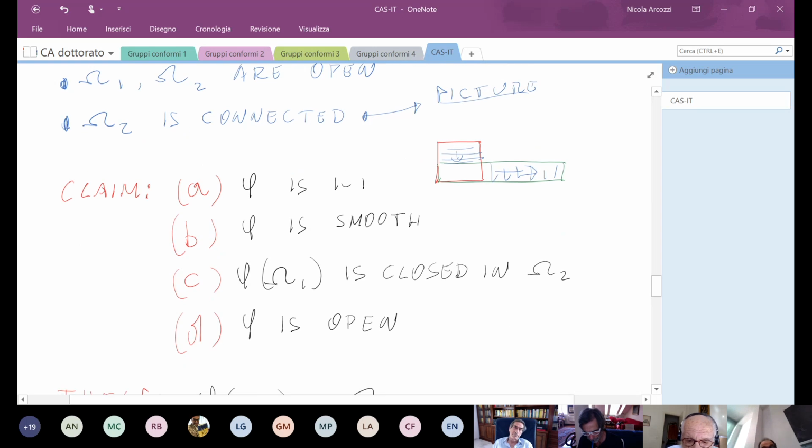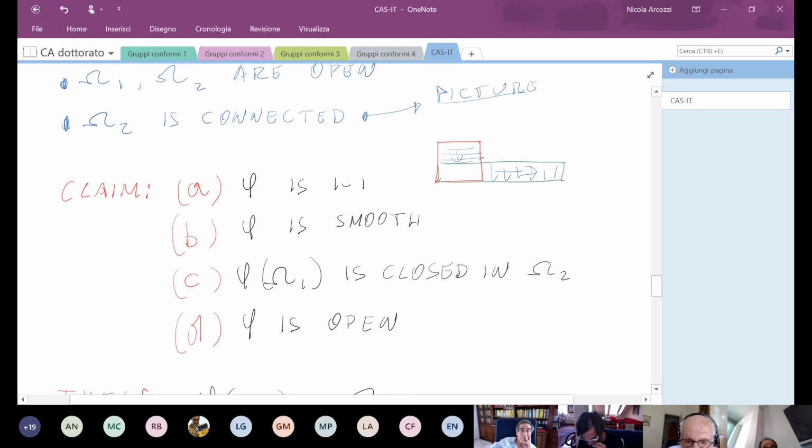Okay, so what are the claims? Well, the claims are that this map, taking the boundary points, which are the singularities, the branching points for that integral, to the sides, it is first injective. Second, it is smooth, which is we can take one derivative, actually even more derivatives.